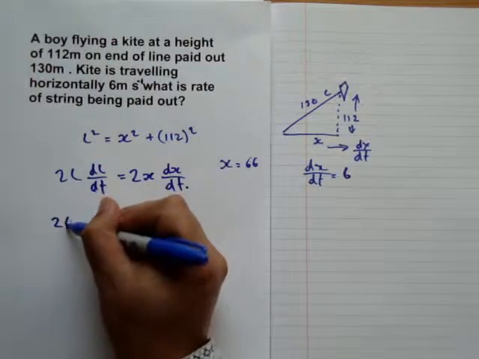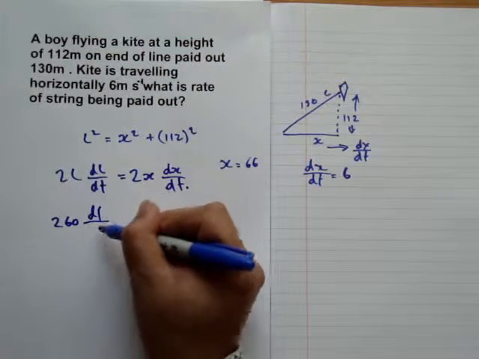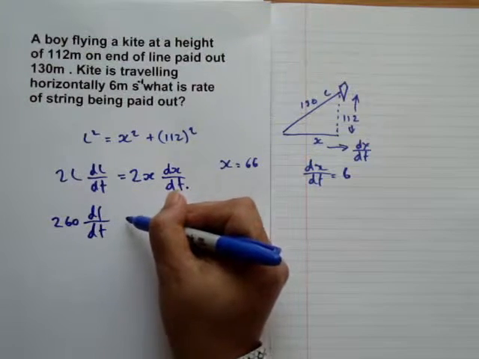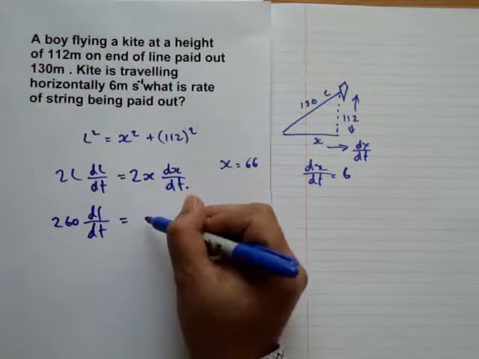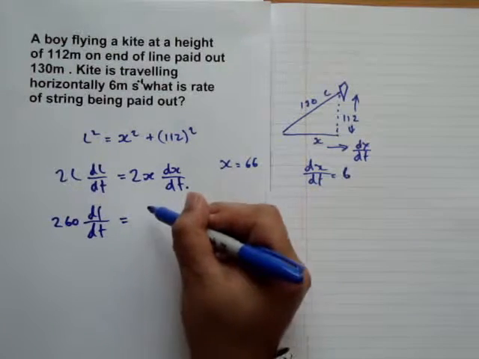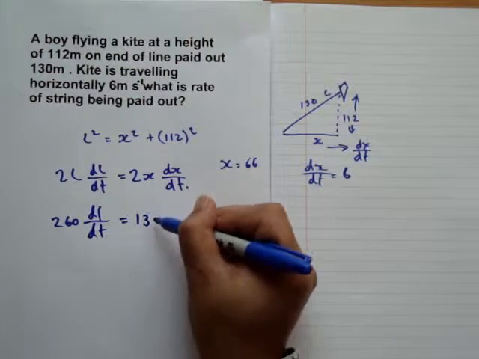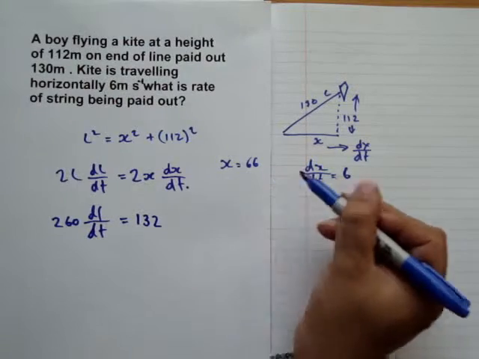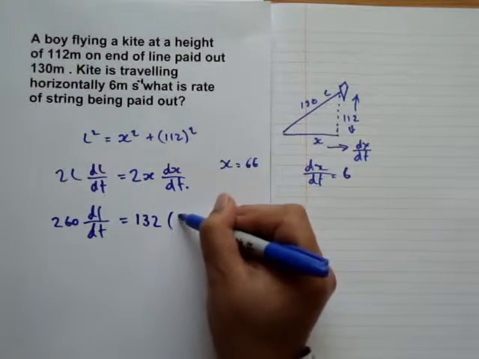2L becomes 260, dl by dt equals 2x, which is 2 times 66, which is 132, and dx by dt we know is 6.